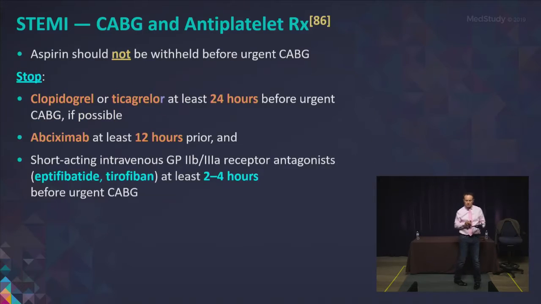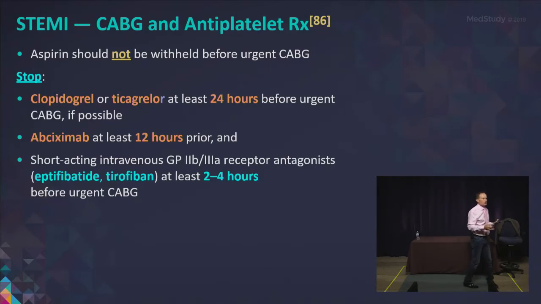Good job. Let's now talk about STEMI and CABG and antiplatelet treatment, because this comes up a little bit. Let's say someone comes in with a STEMI, and you do the usual things. In the old days, some people used to say, don't give them any antiplatelets, because most likely they're going to go for CABG. No, we don't do that generally anymore.